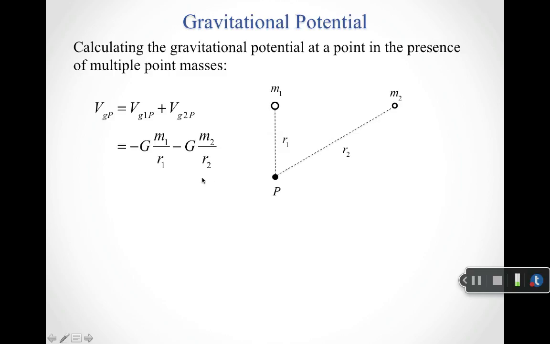So I simply have two terms to calculate. Calculating the potential at a point is going to depend on having one term for each source mass in the problem.